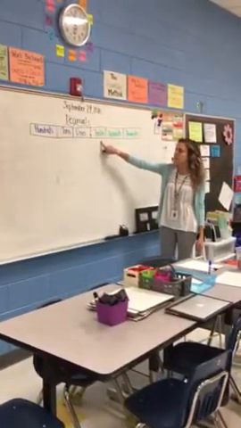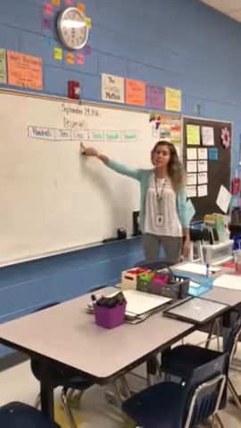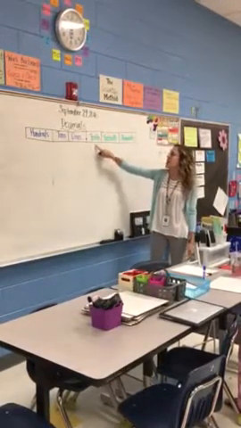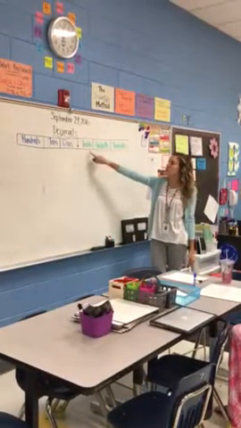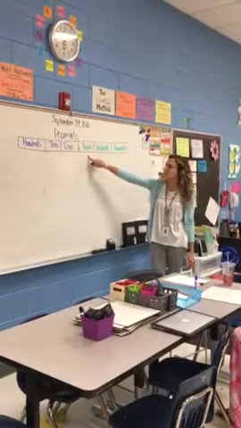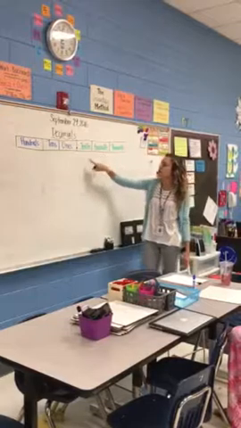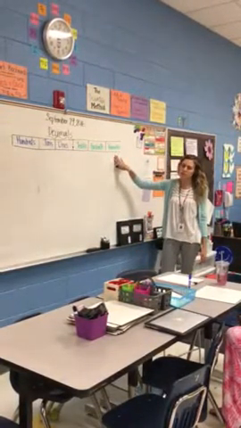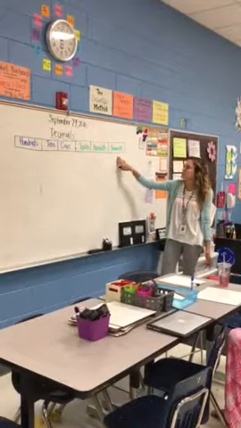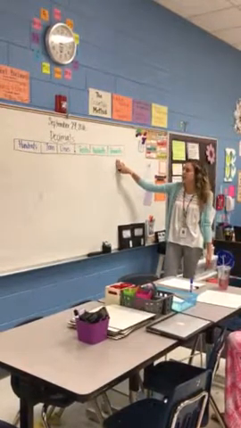And just like its name, it's 1/10 the value of the ones. After the tenths, you have the hundredths. The hundredths is 1/10 the value of the tenths, or it's 1/100th the value of the ones. And then you have your thousandths place value, which is the smallest decimal form we're going to look at this year.